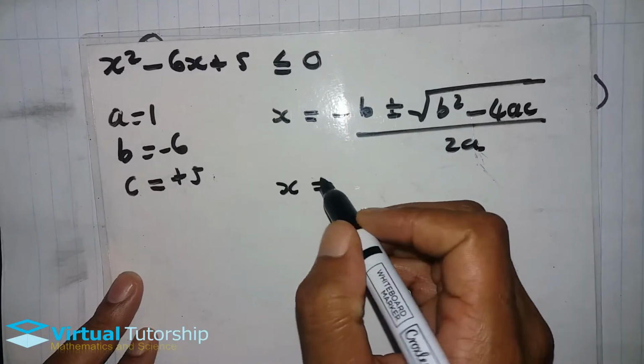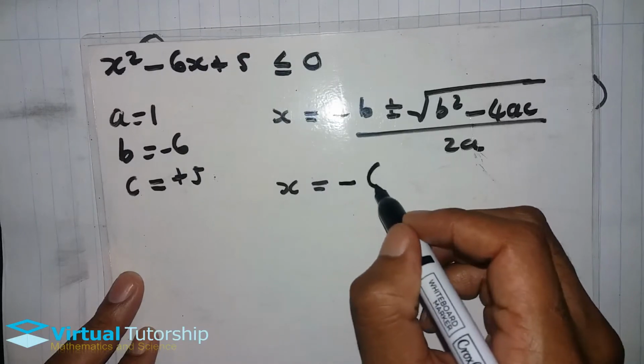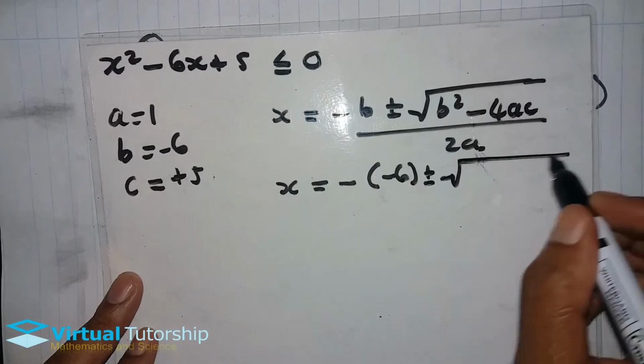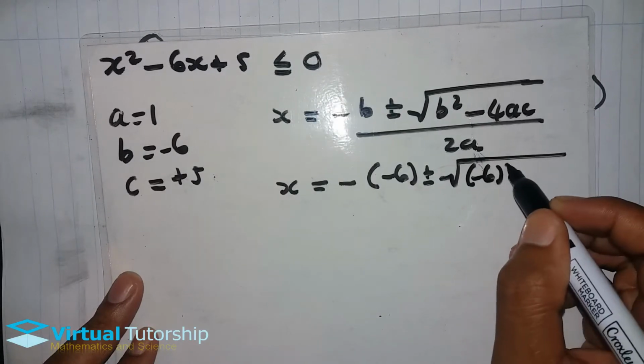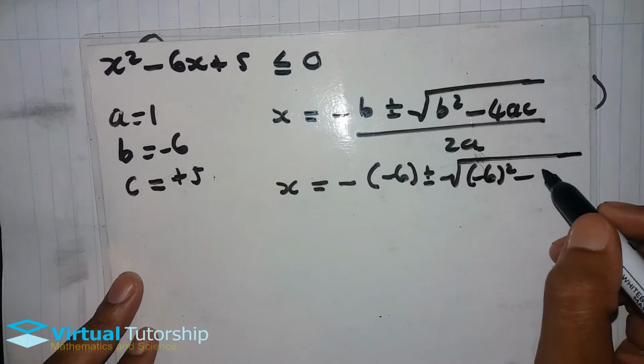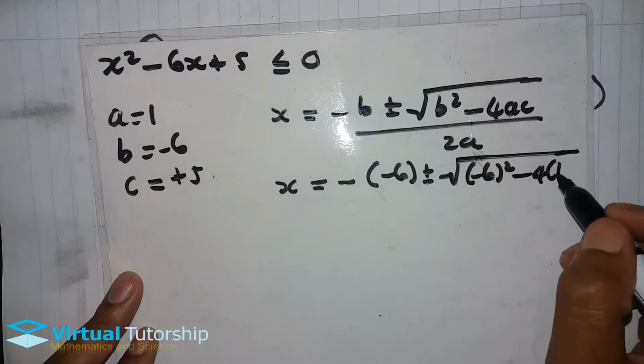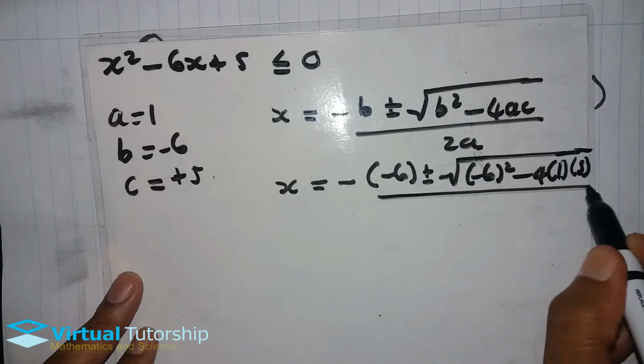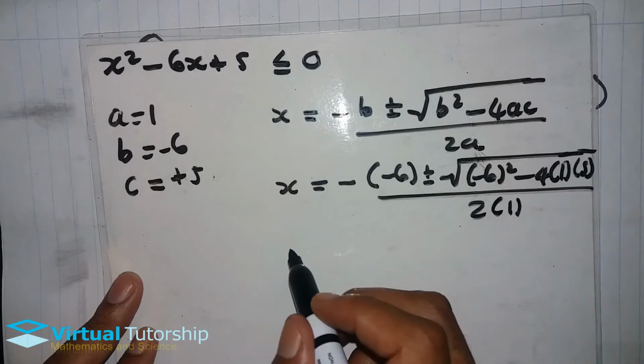So x is equal to minus b, it's minus (-6), plus or minus the square root of (-6) squared minus 4 times 1 times 5, all over 2 times 1.